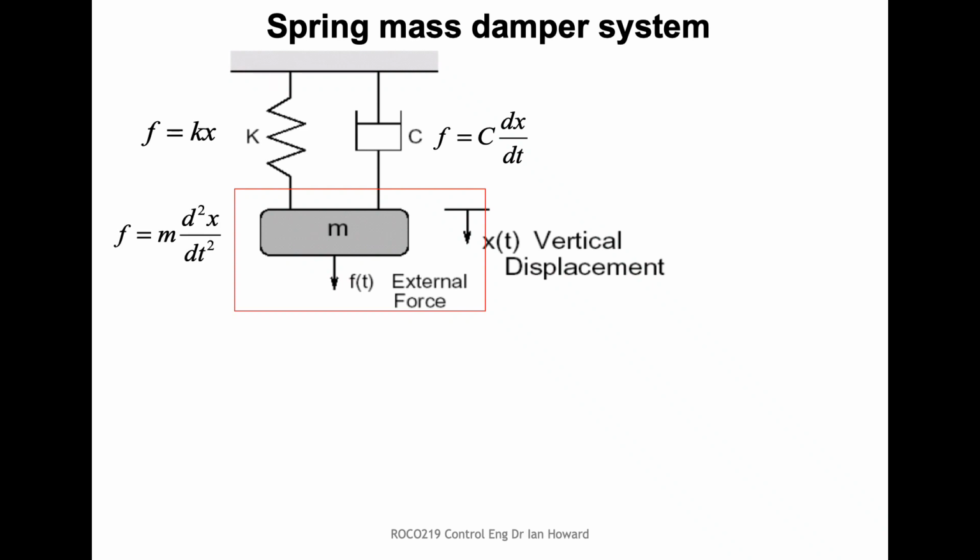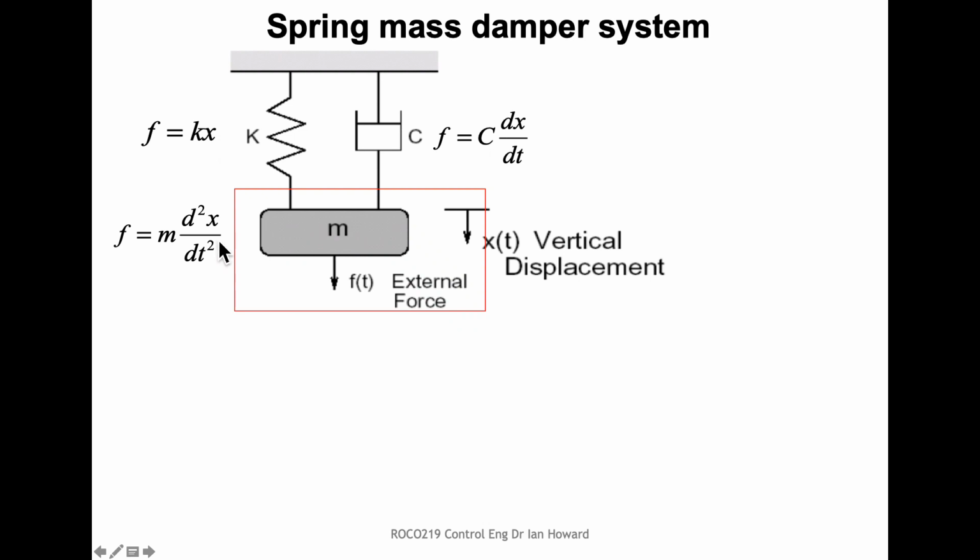And the mass is going to resist, force equals ma, and we're writing force equals m d squared x dt squared. The reason is that everything has to be in terms of x, so we use the first differential and the second differential of x.